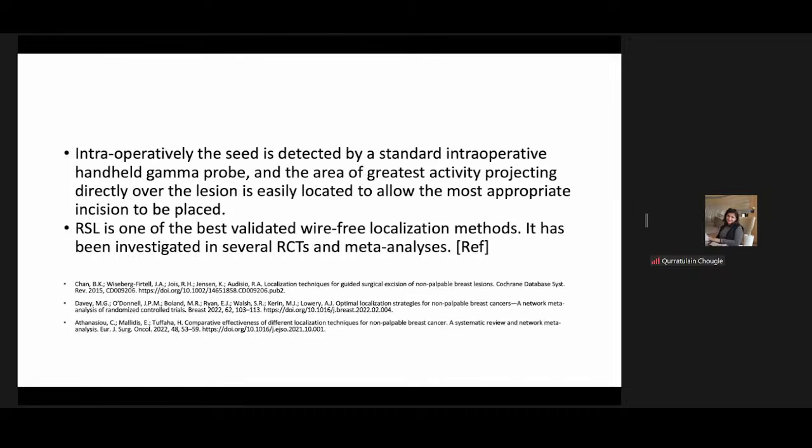Now, intraoperatively, the seed is detected by the standard intraoperative handheld gamma probe, and the area of greatest activity projecting directly over the lesion is easily located to allow the most appropriate incision to be placed. And RSL is one of the best validated wire-free localization methods. It has been investigated in several RCTs and meta-analyses, and I've attached the references below.